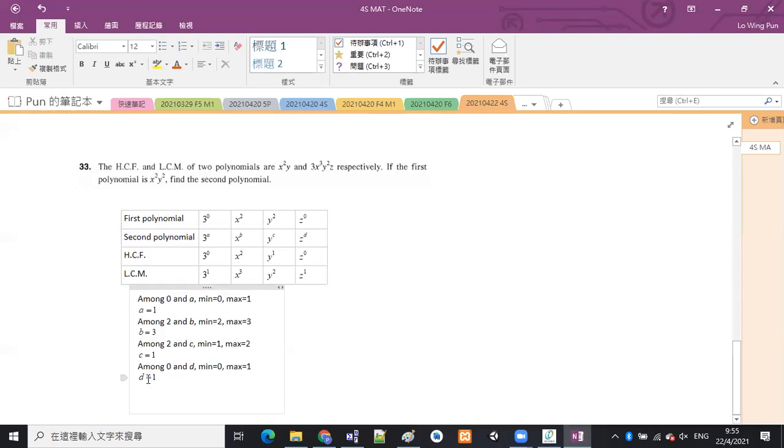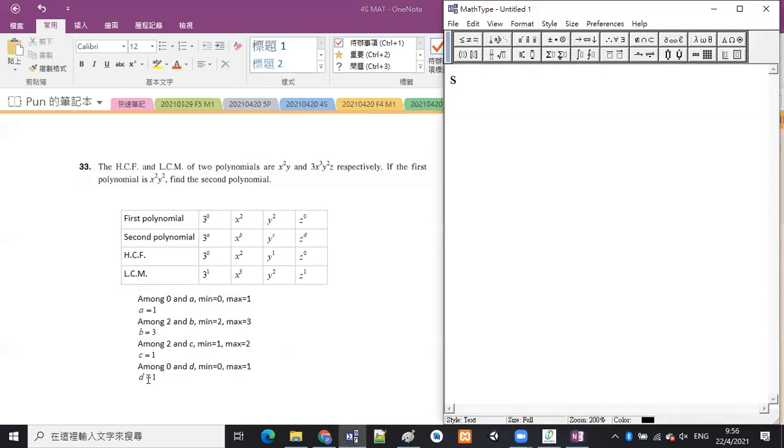Which means that the second polynomial should be equal to 3 to the power 1 times x to the power 3 times y to the power 1 times z to the power 1. So that should be 3x cubed yz.